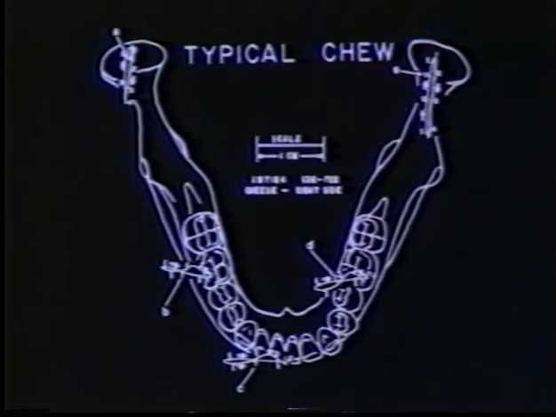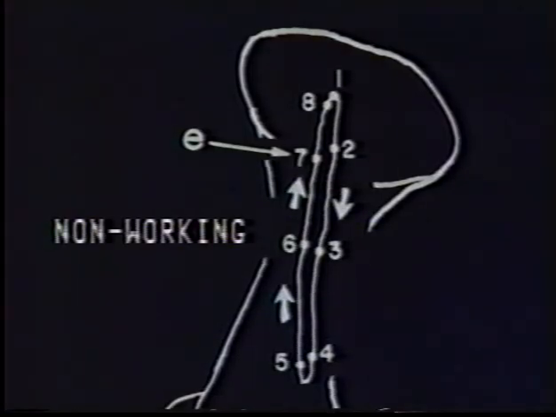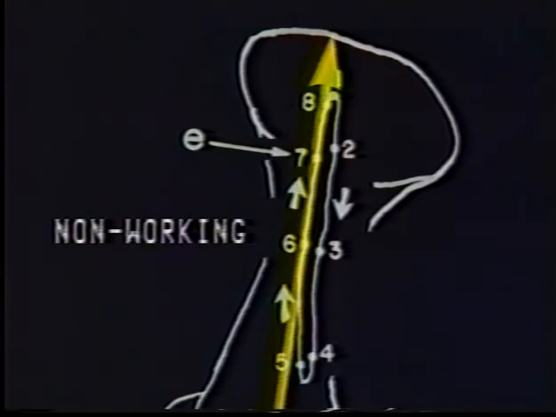Let's now analyze the movements related to articulator controls. The yellow arrow superimposed over the non-working side closing stroke corresponds to the Bennett angle setting of the articulators.